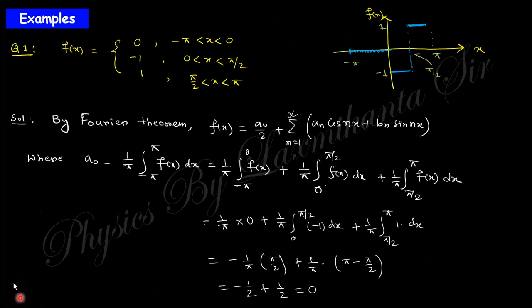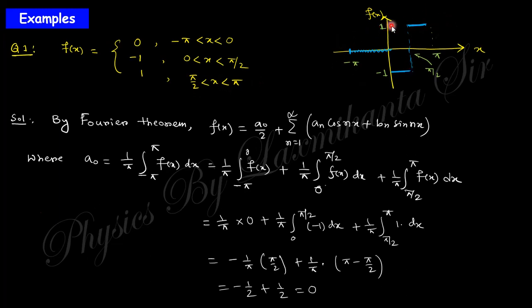Next portion, some examples of the Fourier series. Suppose this function from minus pi to 0 is 0, 0 to pi by 2 is minus 1, and pi by 2 to pi is plus 1. If you plot this graph, you can see minus pi to 0 is 0, 0 to pi by 2 is minus 1, and pi by 2 to pi is plus 1.